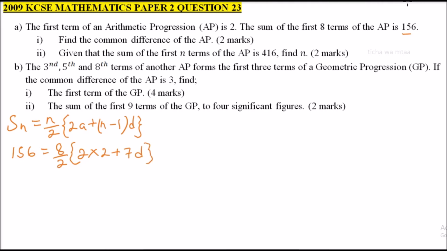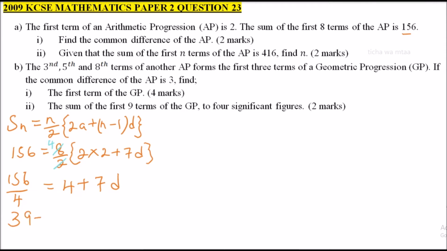So when you divide here, you get 4. So we divide 156 by 4, which is equal to 4 plus 7d. 156 divided by 4, you get 39.